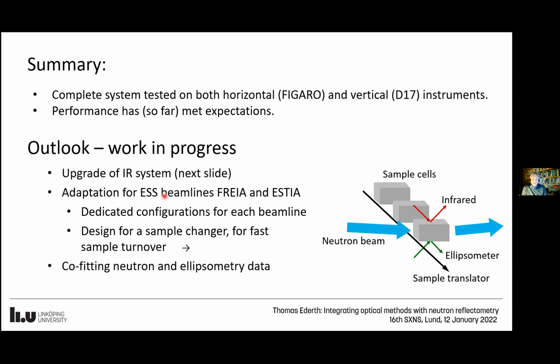We are adapting this setup for the ESS beamlines, and the intention is to have something that will be easy to use and useful for coming users. That includes also a design for a sample changer, which probably will not be very easy to use with the infrared part, but certainly for the ellipsometry, I expect this to work relatively well. And we are working on fitting the neutron and ellipsometry data.